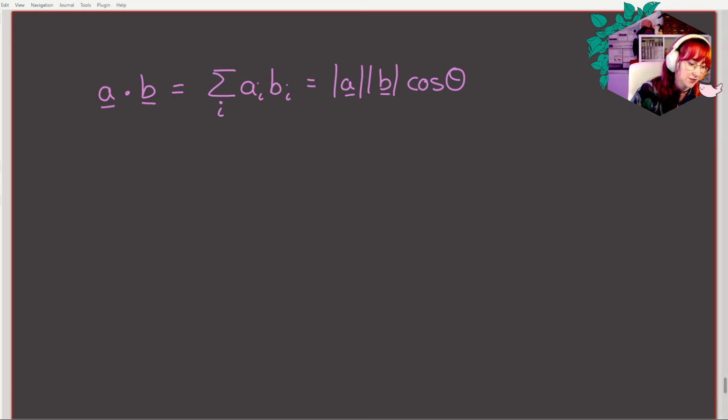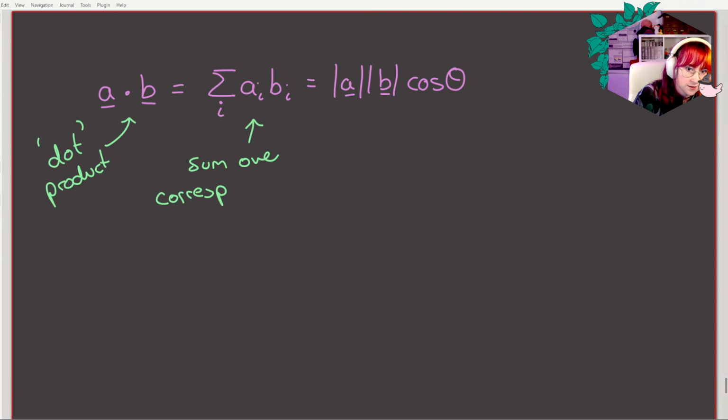Where this is our dot product, this is the sum over these, so that's A1 B1 plus A2 B2 plus so on and so forth.